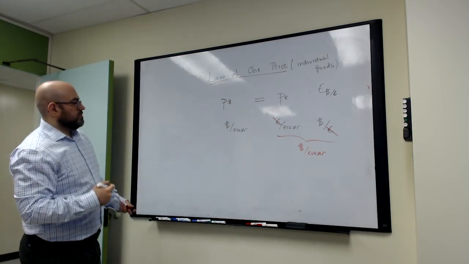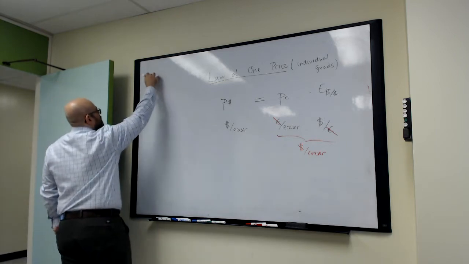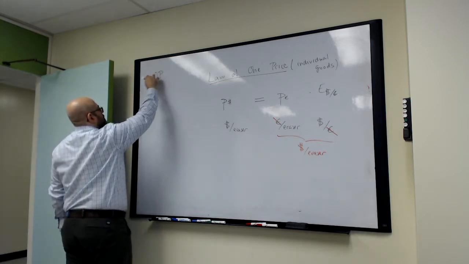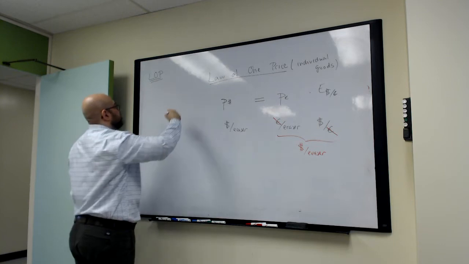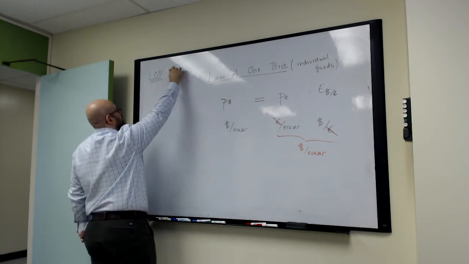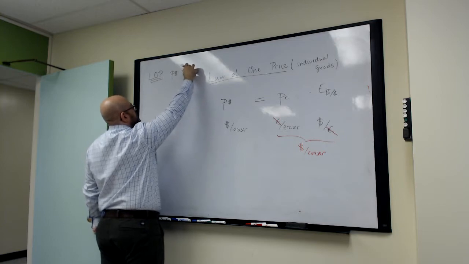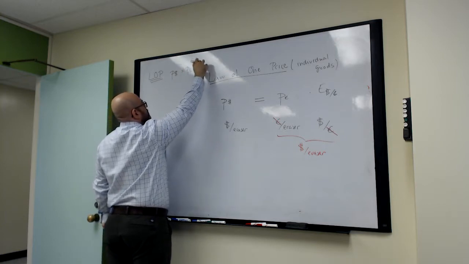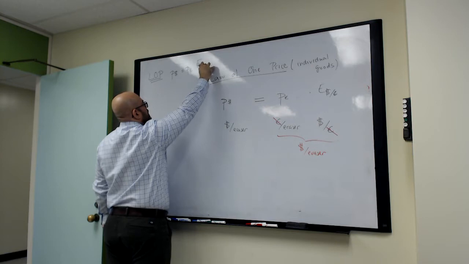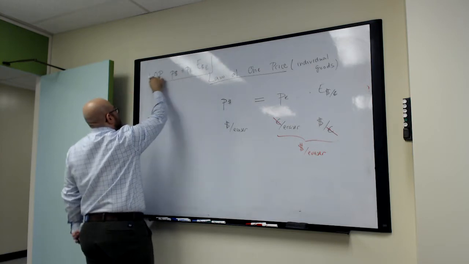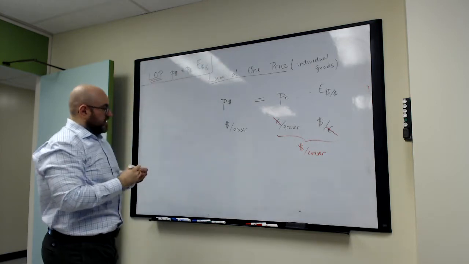For the law of one price, we will usually write LOP. The price of the commodity in the US has to be the same as the price of the commodity in Europe multiplied by the dollar per euro exchange rate.